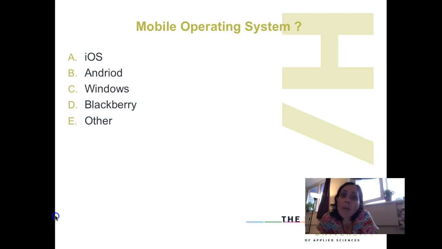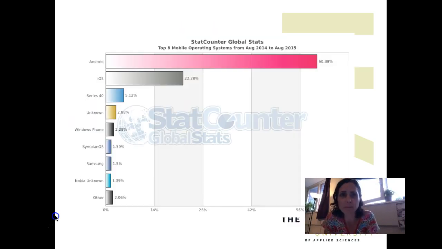So which mobile operating system you are on is something to consider as well. So I'm an iOS, but I also have an Android. Windows and BlackBerry are smaller percentages, and are there others? So like I said, I'm giving you a few tips here. I'm not going to give you every single bit of information you need for the assignment. I'm giving you a few ideas of things to think about, and then you can make some notes and go and research this further.